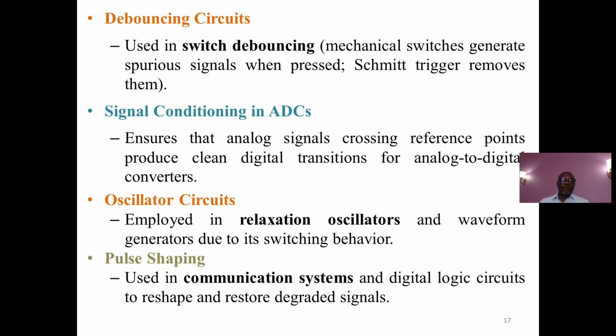Of course, pulse shaping in communication systems to reshape a signal that has degraded. So at a point you apply it to a Schmitt trigger and it gives you back the original signal the way it is when you are doing your transmission over a long distance and through repeater stations.